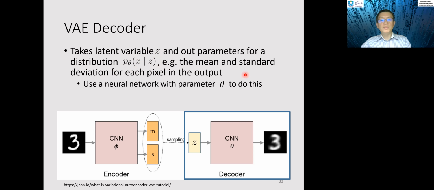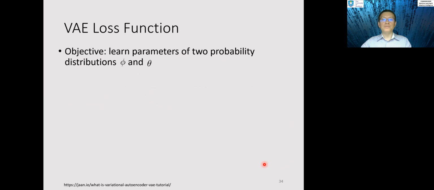This can also be implemented using a neural network, and suppose the parameter is theta. So this neural network will generate the parameters for a distribution. And then the next step, we can sample that distribution to get a reconstruction of the input. So that is a decoder.